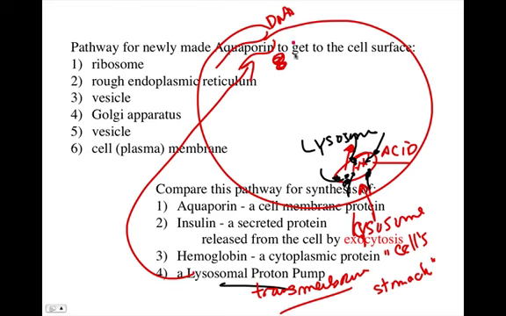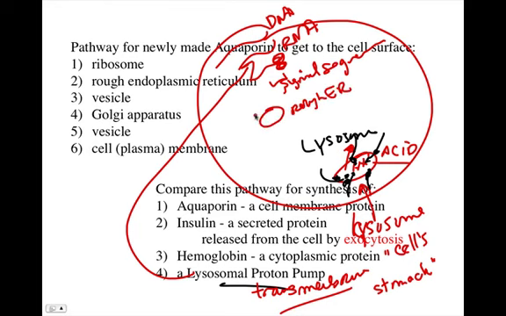So the DNA gets copied into RNA, and that RNA is bound by a ribosome, and the ribosome runs into a signal sequence. And in the case of lysosomal proton pump, the mRNA is delivered to the rough ER, and then synthesis continues.